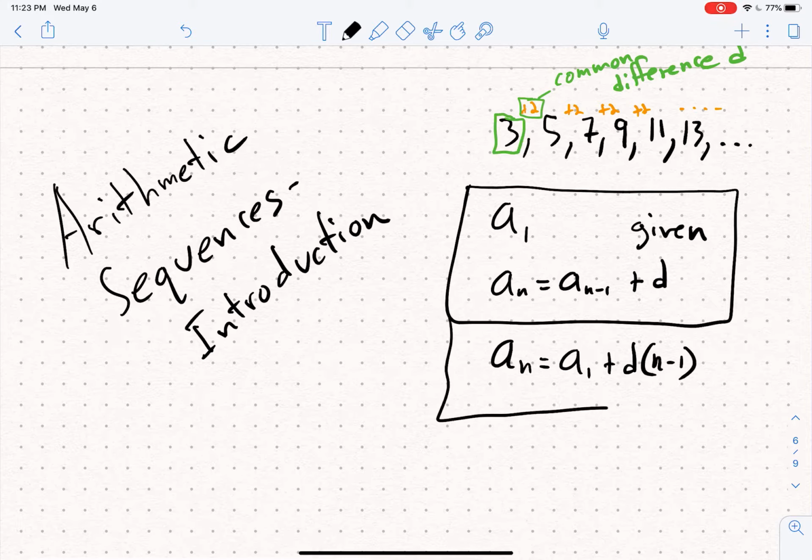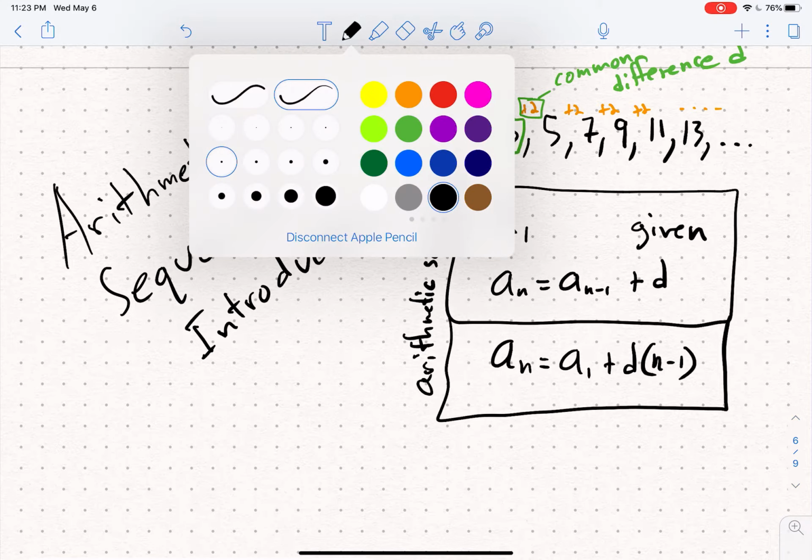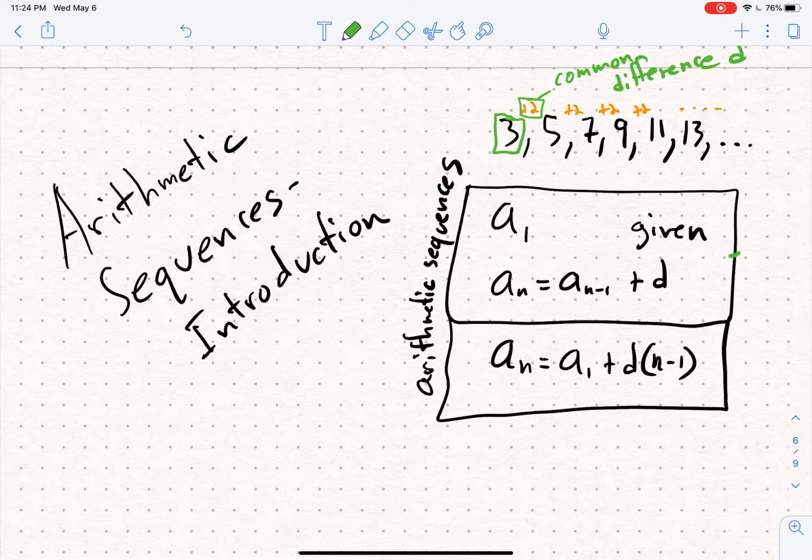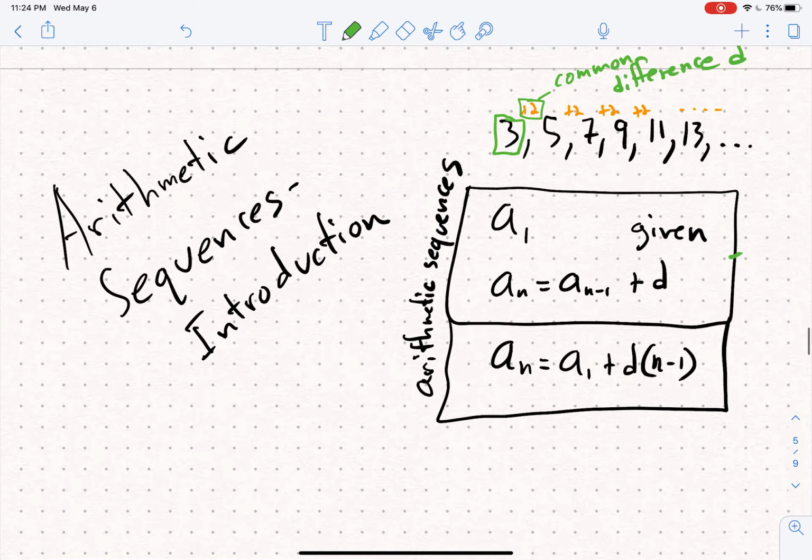So these two boxes are basically all the key formulas about arithmetic sequences. And what you'll notice about them is that this one is recursive. That's the one that we think of most naturally, the recursive definition, and this one is the general formula or the explicit formula.